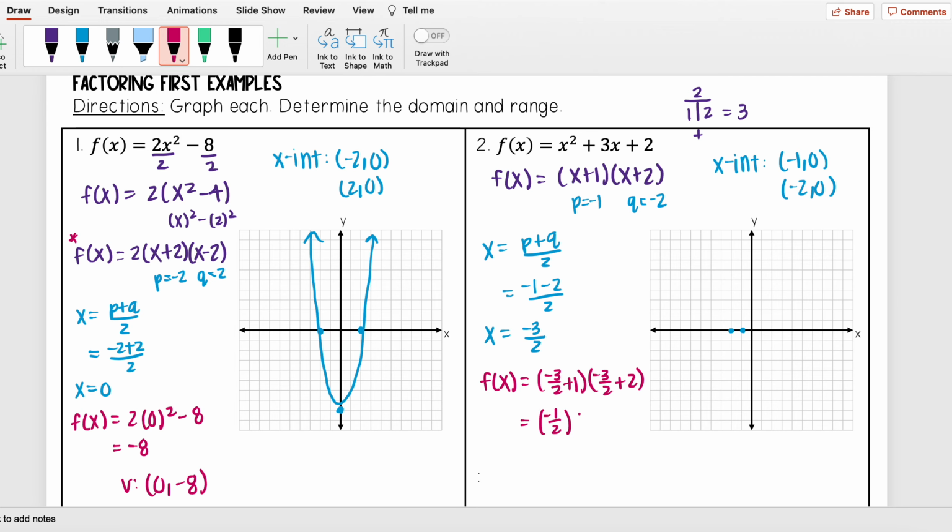Here you have negative 3 halves plus 4 over 2, and that should give you a positive 1 half. Negative 1 half times 1 half, you should get negative 1/4. And so that means that my vertex here is going to be negative 3 halves, negative 1/4. So I'm going to go over 3 halves, which is just the same thing as 1 1/2, and go down 1/4.